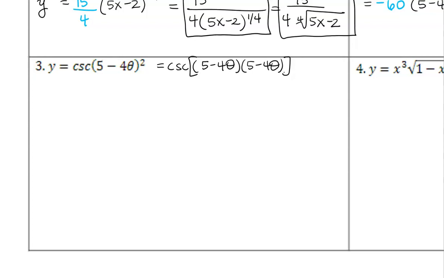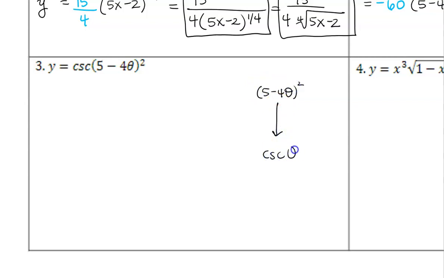Okay, so now let us start with our derivative. Keep in mind, based off of what I just said, the little function is the 5 minus 4 theta squared that was plugged in to cosecant. So this entire thing here went and replaced that theta.